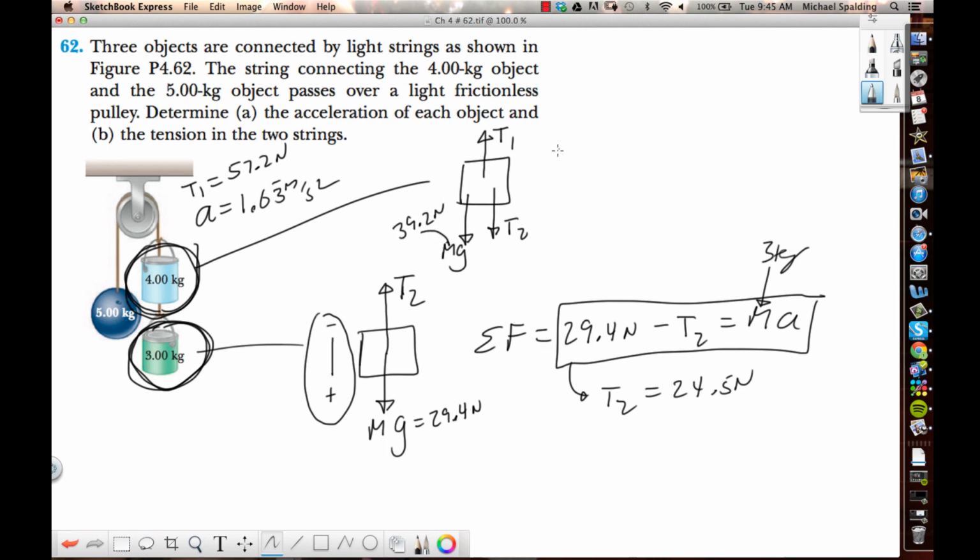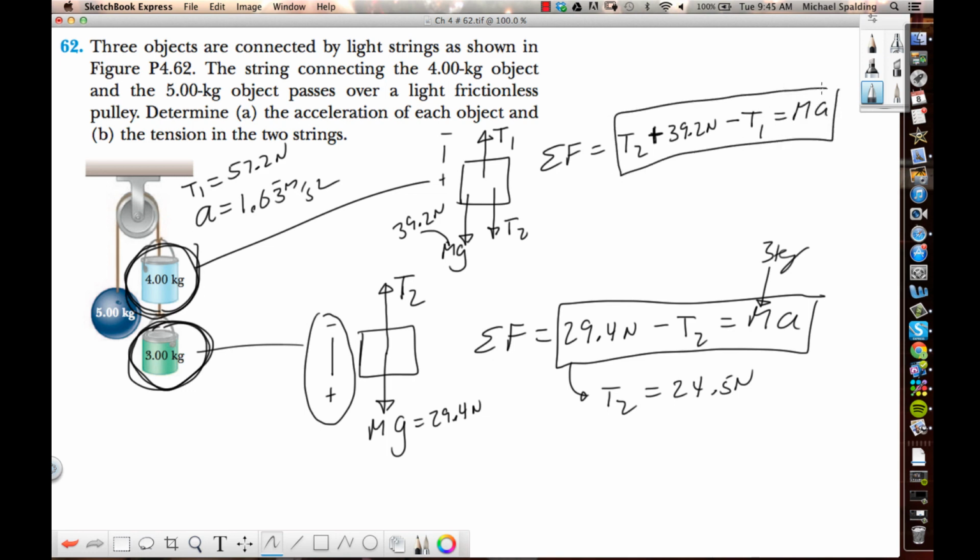Okay, so now watch. Sum the forces for that guy. You're going to get, so remember, down is plus, up is minus. So you're going to get T2 plus 39.2, sorry, both of those are plus, and then minus T1 equals MA, where this M is what? 4.